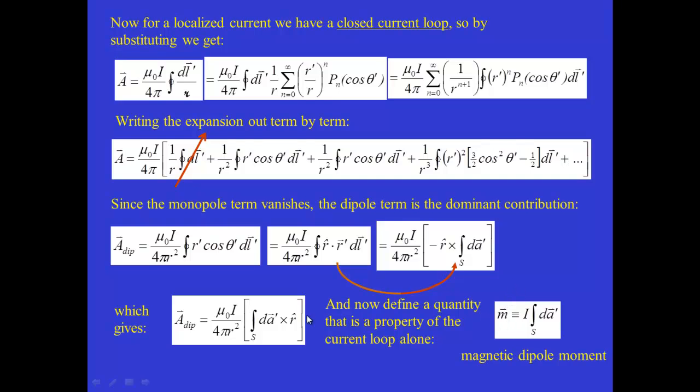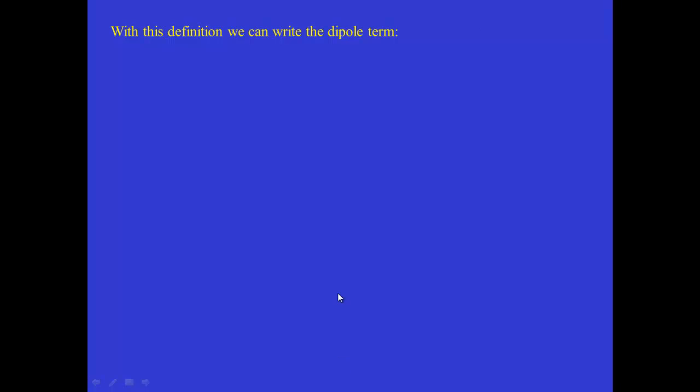So making that definition, we can take our expression for the dipole contribution to the vector potential and write it like this: mu naught over 4 pi times m cross r hat over r squared. And remember, there's no I here because that got incorporated into the definition of m.